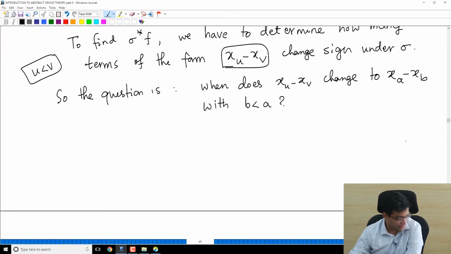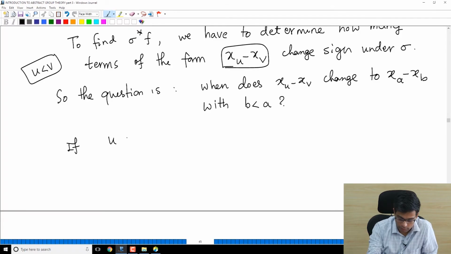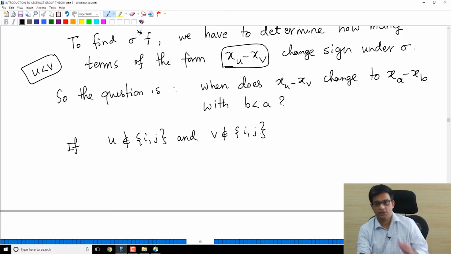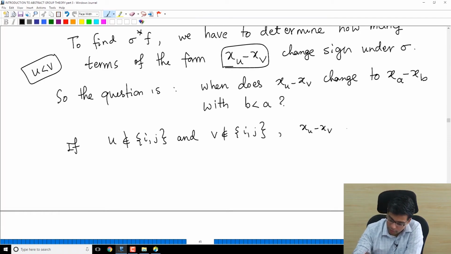So in order to address this, let us consider various cases. If u and v do not belong to the set {i, j}, if u is different from i and j and v is different from i and j, x_u minus x_v does not change.